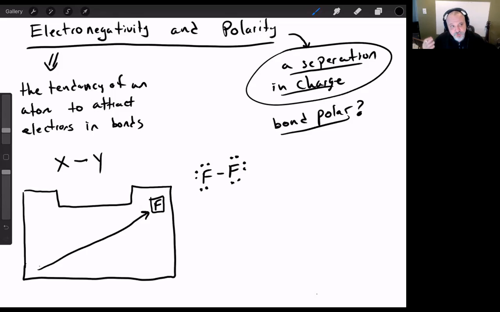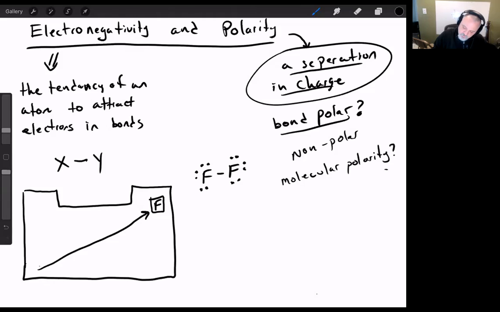Yeah, there's a lot of pull on one side, but there's just as strong a pull on the other side. And so this one is non-polar. Is the molecule polar? Non-polar. Okay.